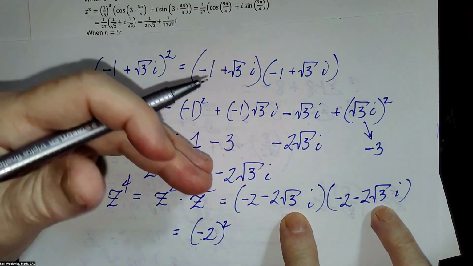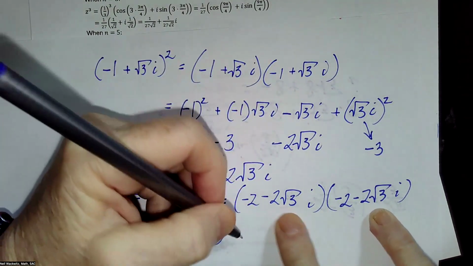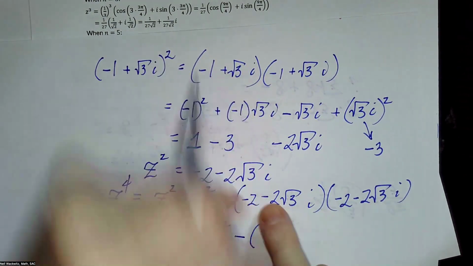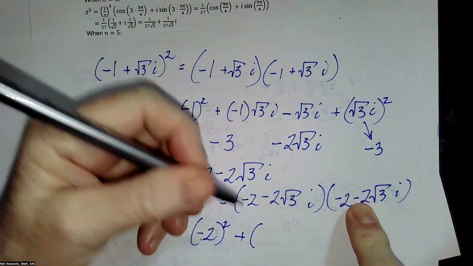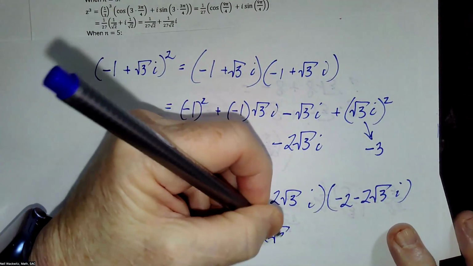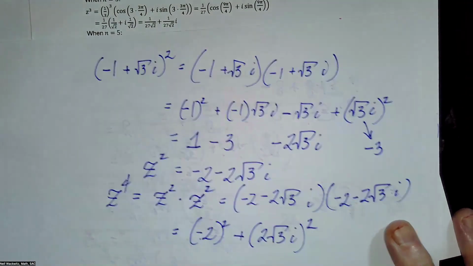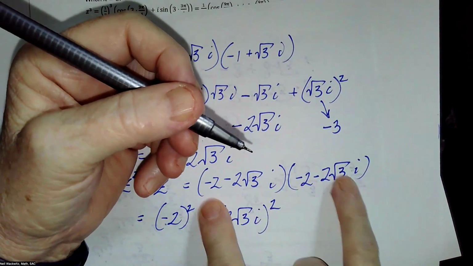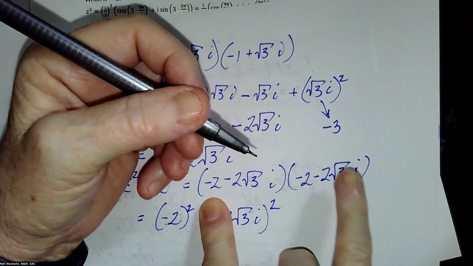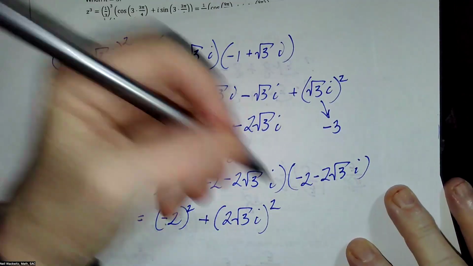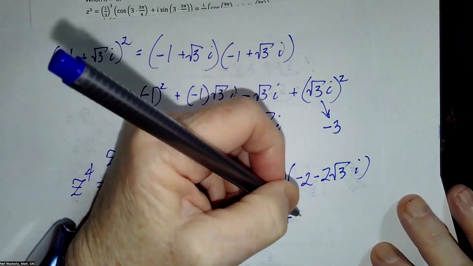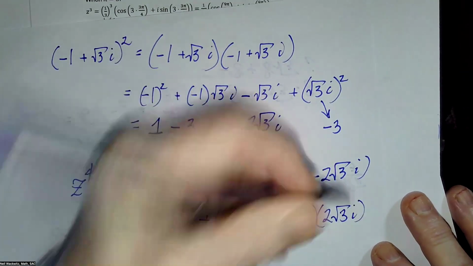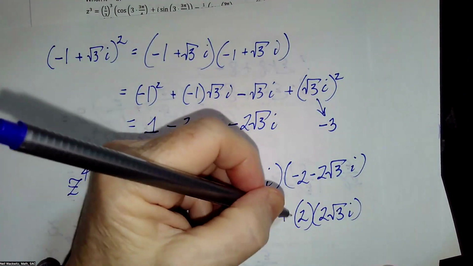Let's do the other real part. So we've got minus, well, we're going to have a plus, because we've got negative times a negative. So 2 square root of 3i squared. And this is also going to be positive: negative 2 times negative 2 square root of 3i. And then we're going to have another of that same term.